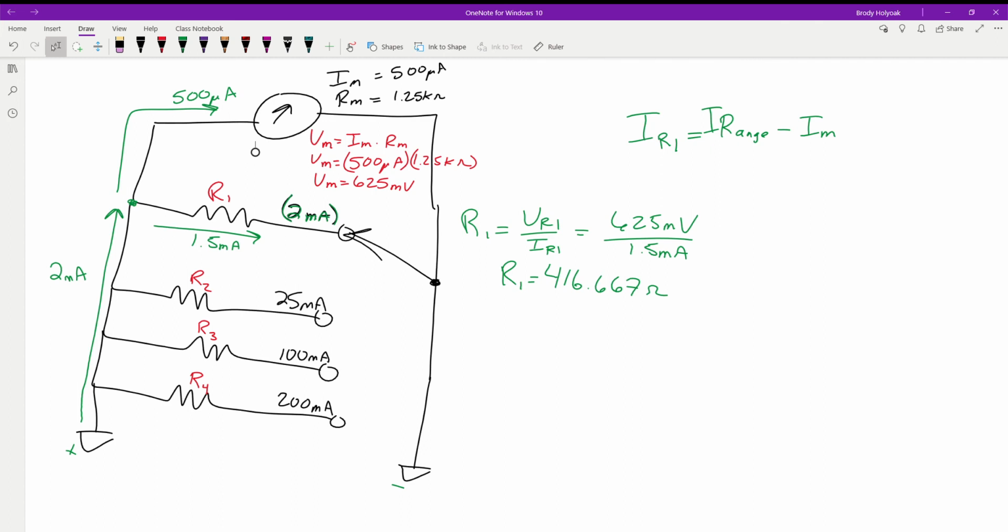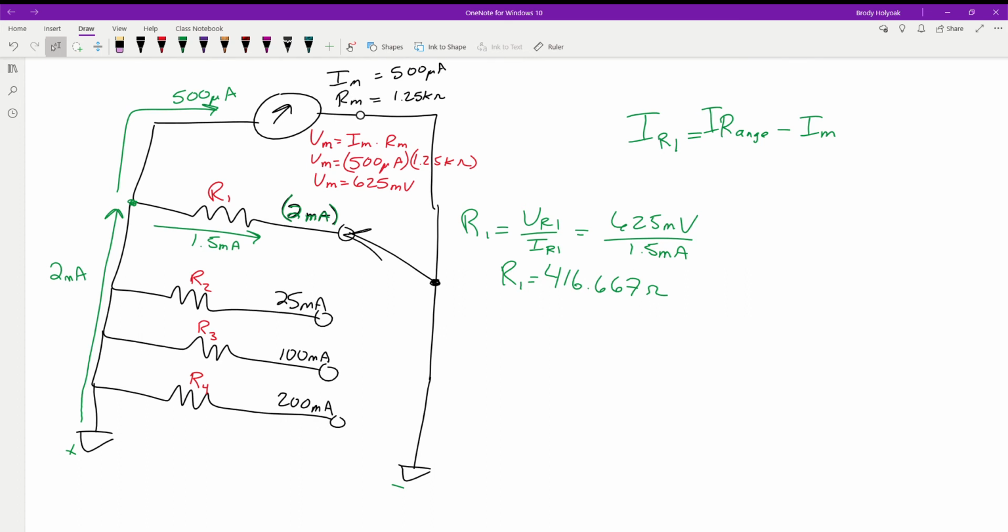And when things are in parallel, what happens to the voltage? It stays the same. In parallel, voltage stays the same. In a series circuit, the current stays the same. So in this one, we can figure out the voltage of our meter because we're given both a current and a resistance, so Ohm's law is satisfied at that point.